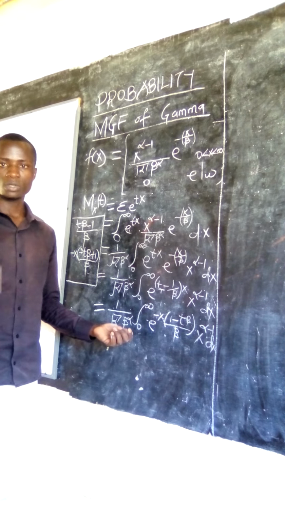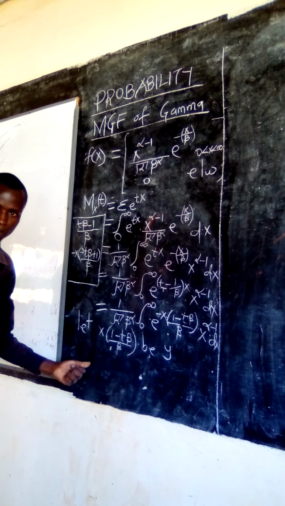Let this function here, excluding the negative, be another letter. Let me use y. So let x into (1 − tβ)/β be y.